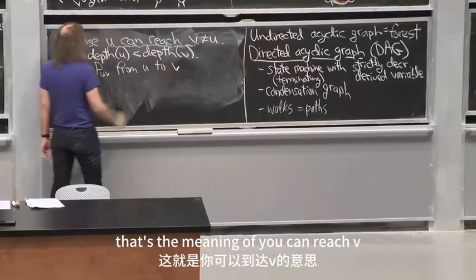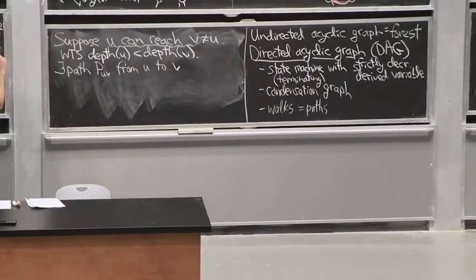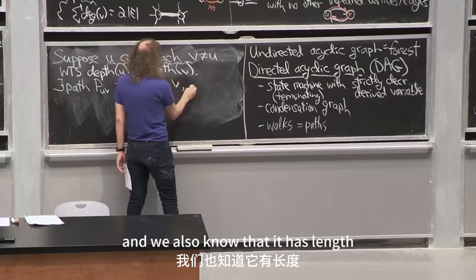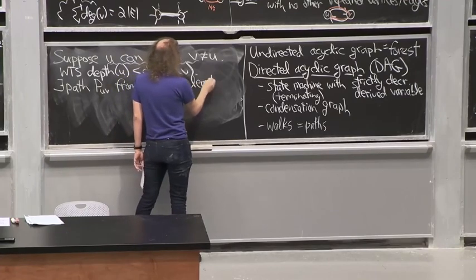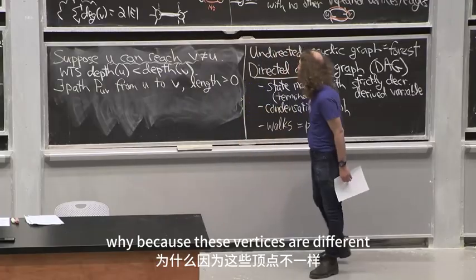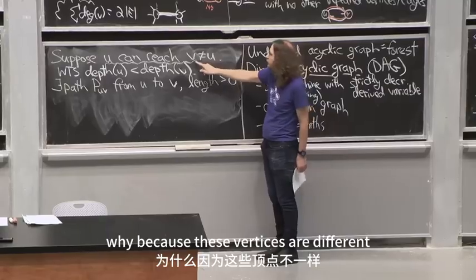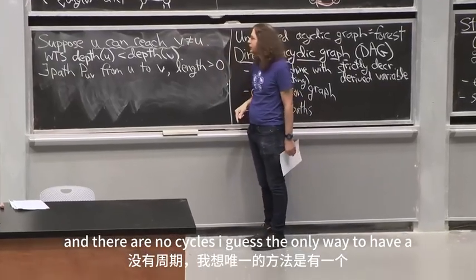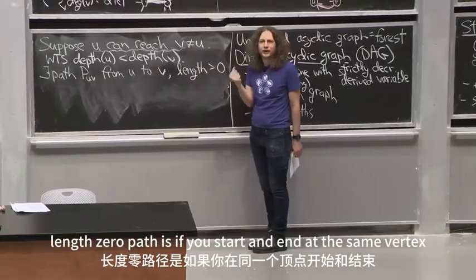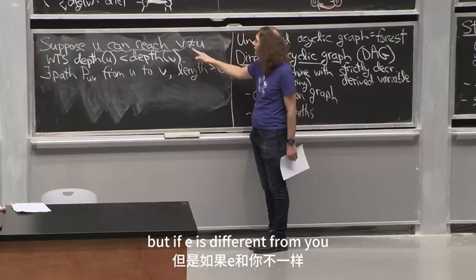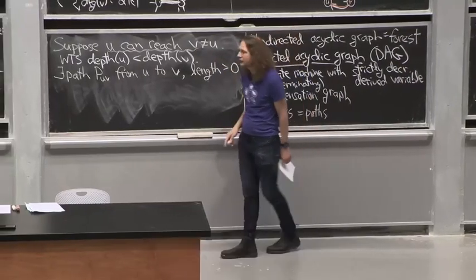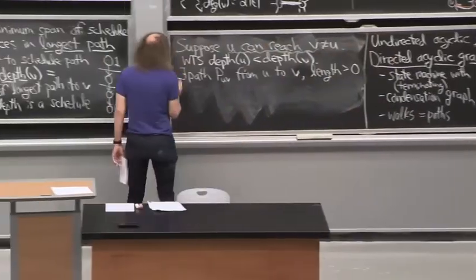That's the meaning of u can reach v. And we also know that it has length greater than 0. Why? Because these vertices are different, and there are no cycles. The only way to have a length 0 path is if you start and end at the same vertex. But if v is different from u, that path has to have non-zero length. This will be important in a moment.